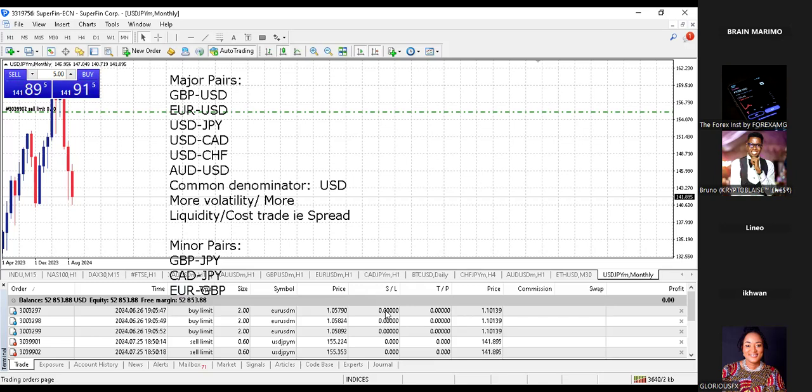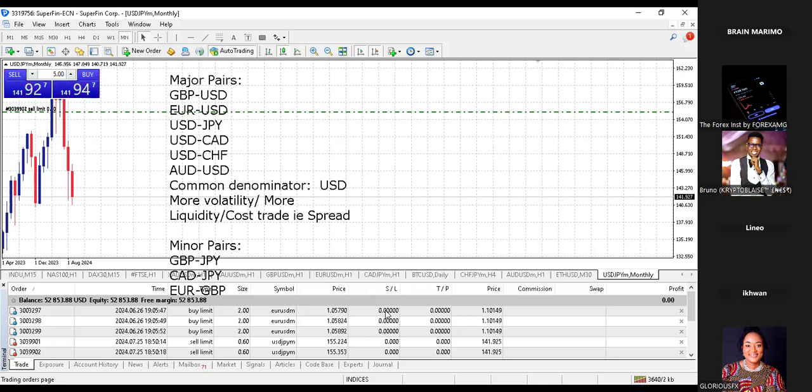Occasionally I would trade USD ZAR. I know some traders who trade that, but honestly, I'm not big on exotic pairs. The spread is quite steep as well. The spread is killing. So I avoid it.